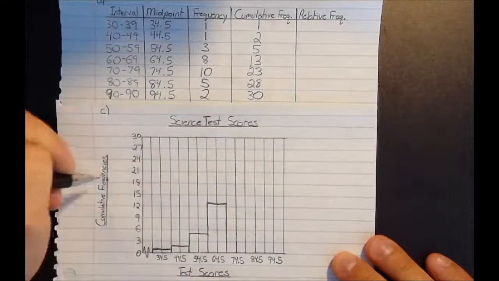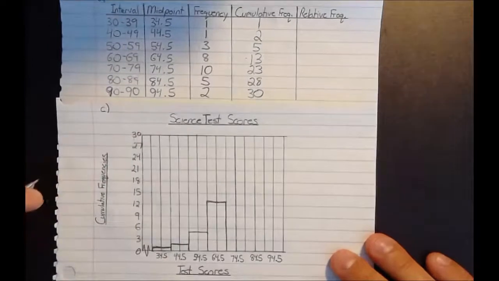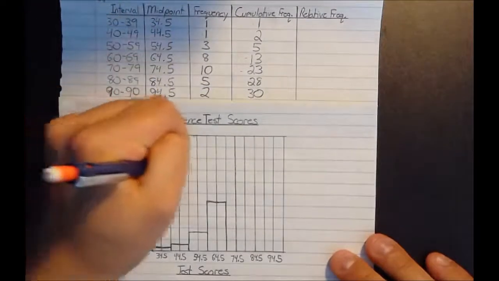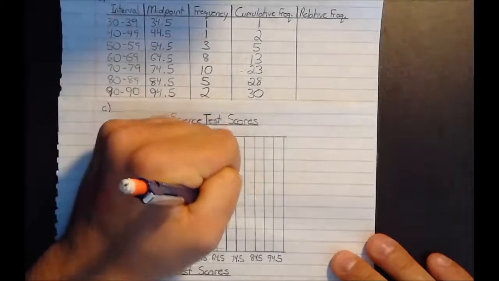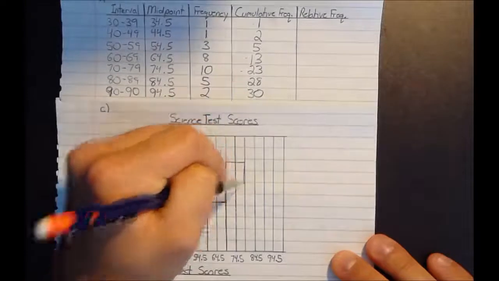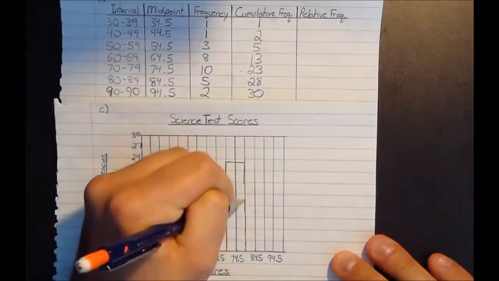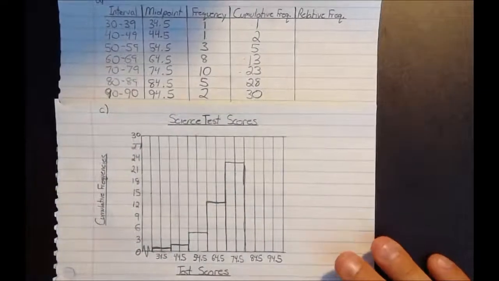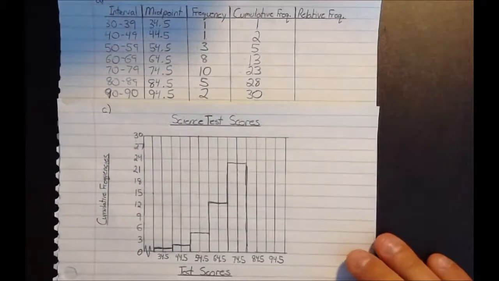Okay. From 70 to 79, our cumulative frequency was 23. So it takes some time to graph it, hence why I kind of pre-made the graph before I started recording.